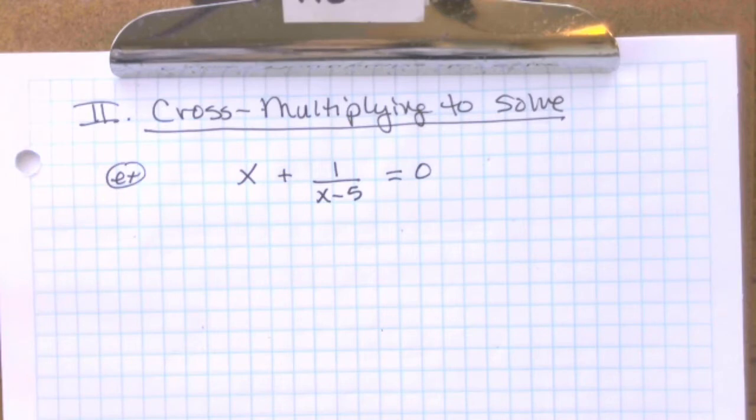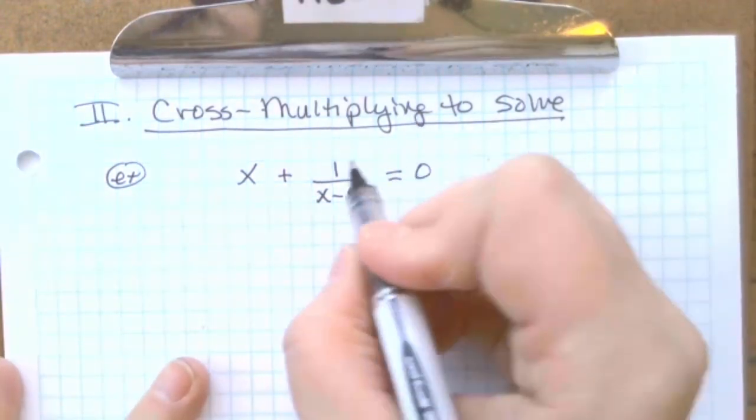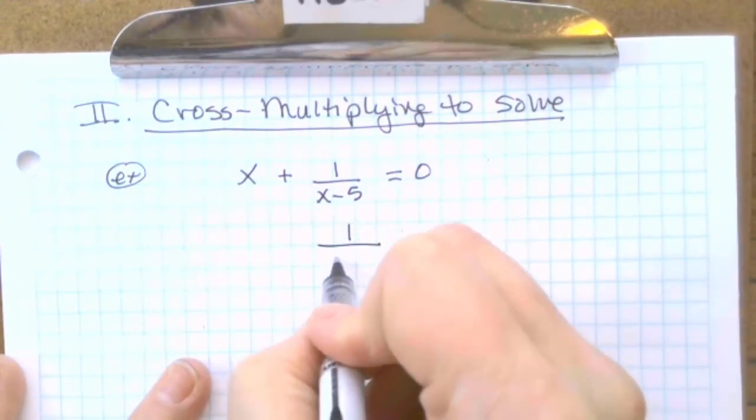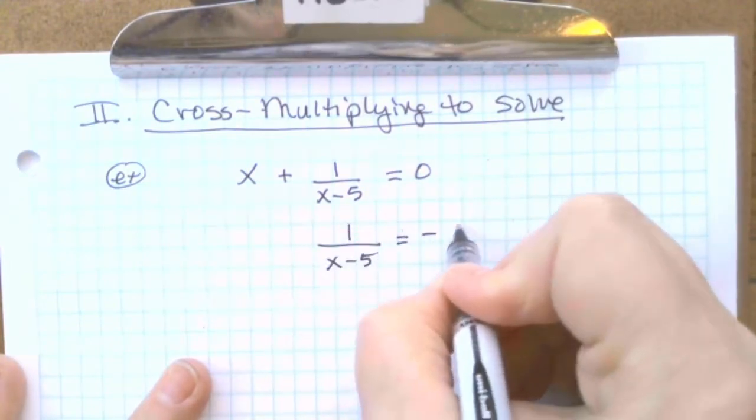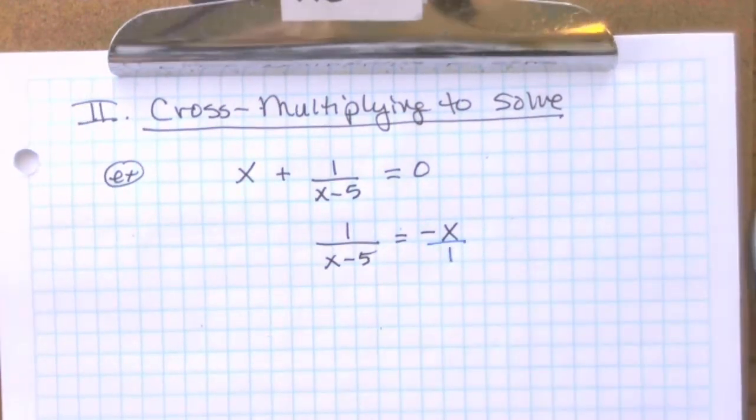So cross multiplying to solve is a way of canceling out the bottoms of the equation without writing out the common denominator step. So equal to 0, it's a little bit harder to see. So I'm going to subtract the x over.